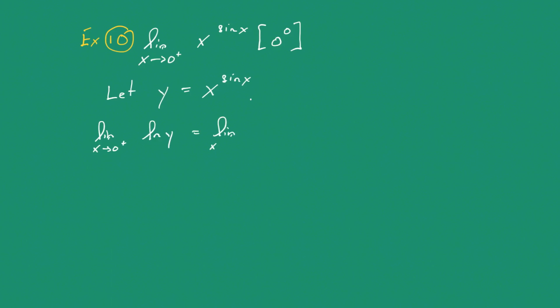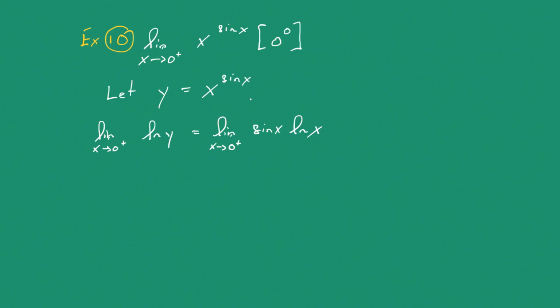When we take the log, that exponent, sine x, can be brought down in front of the log. So we have this limit here. Now, what type is this? Well, as x tends to 0 from the right, that sine x is tending to sine 0, which is 0.